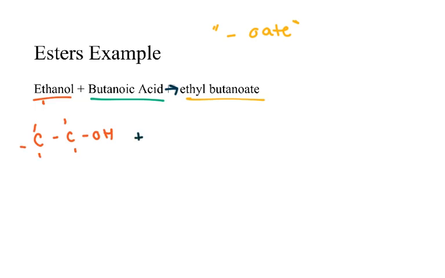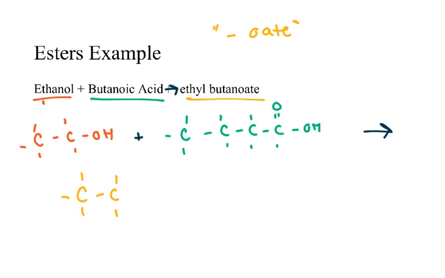We're going to add that with butanoic acid. So we have our 4 carbons and that double bonded oxygen and hydroxyl group, and then all of our hydrogens there. And then this is going to give us ethyl butanoate. So we're going to put that ethyl on one side, our oxygen in the middle, then that's bonded to a carbon that has a double bonded oxygen on it.